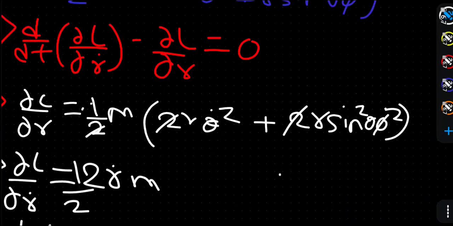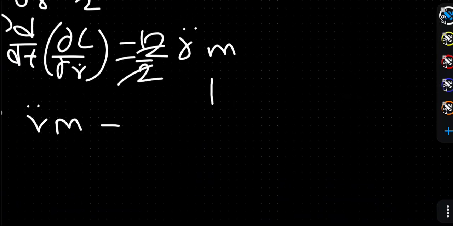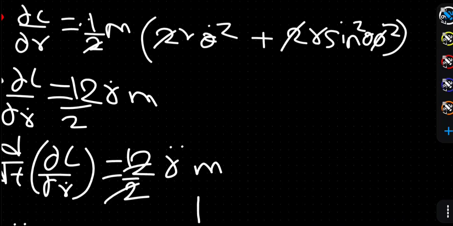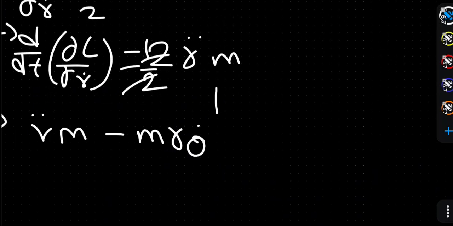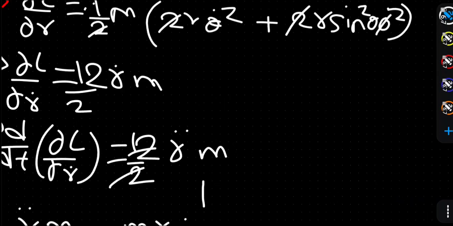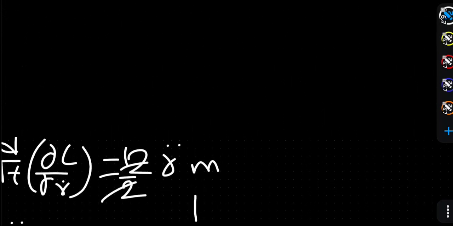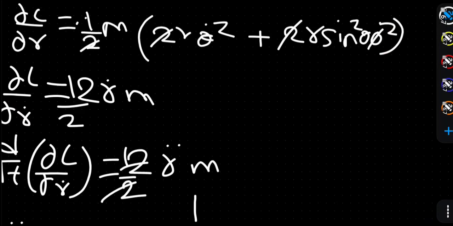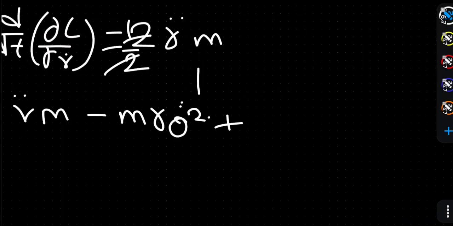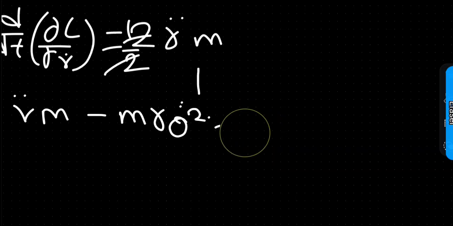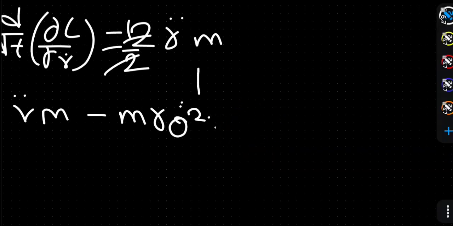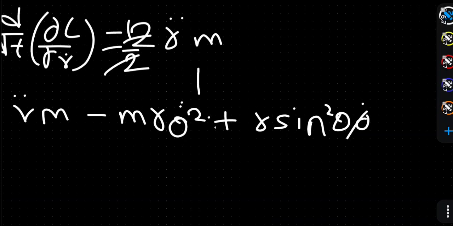So we will try to write it as m r θ̇², plus r sin²θ φ̇².